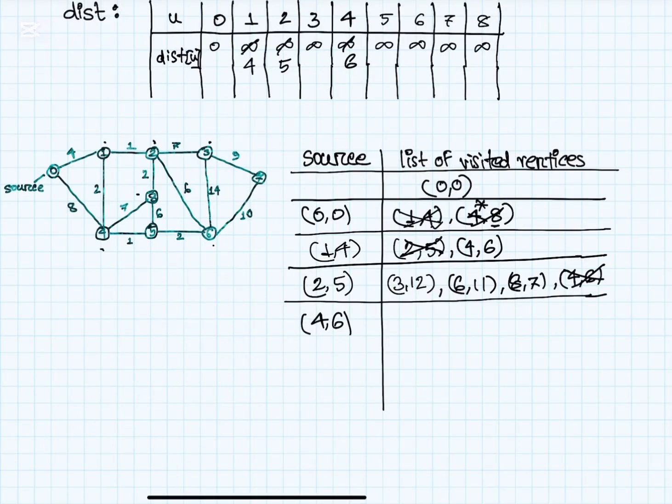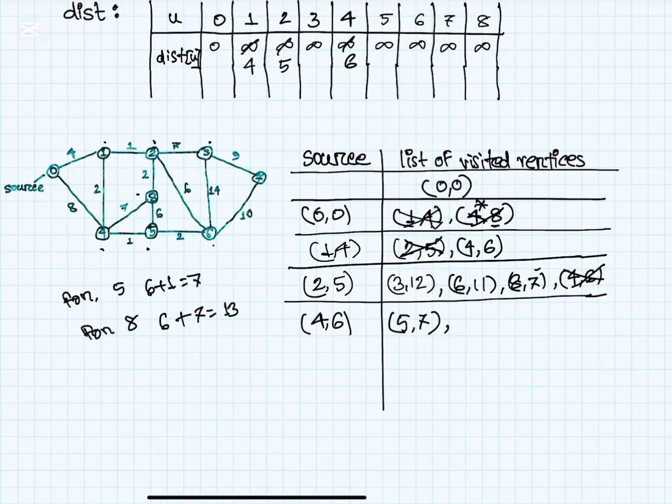The adjacent vertices of 4 is 5 and 8. For 5, the distance will be 6 plus 1 equals to 7. So 5, 7. And for 8, the new distance will be 6 plus 7 equals to 13, which is actually greater than 7.